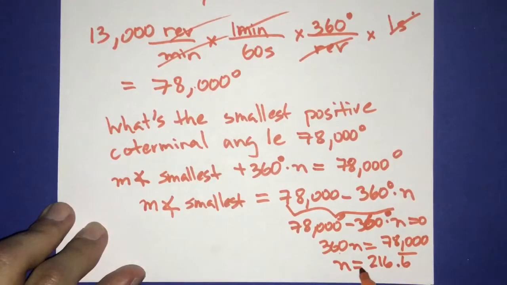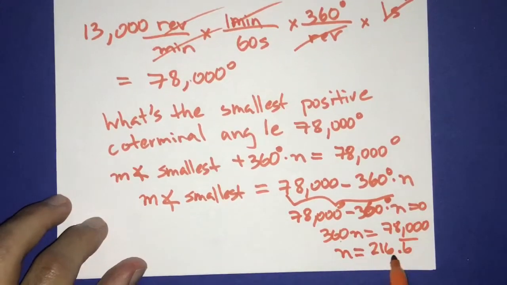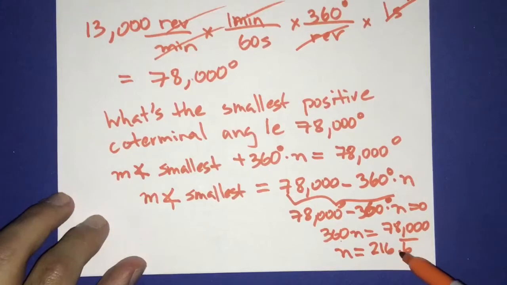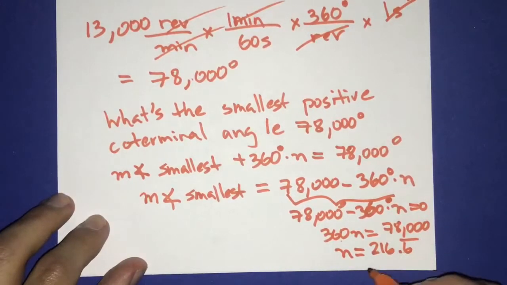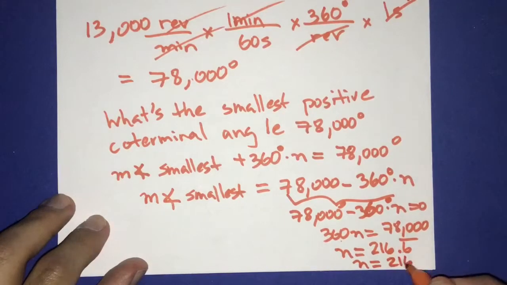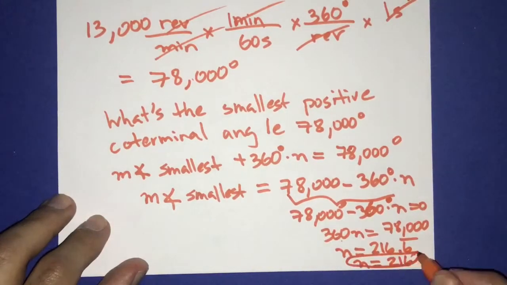Okay, but here this is an integer multiple, and if it's greater than this, it becomes negative. So we want it positive, so we're going to choose the integer that's smaller than this. So we see n has to be 216 for this example.